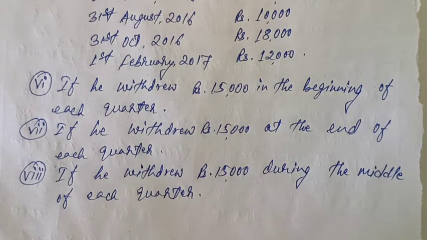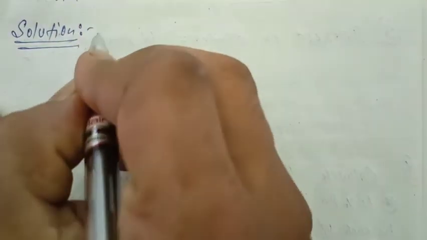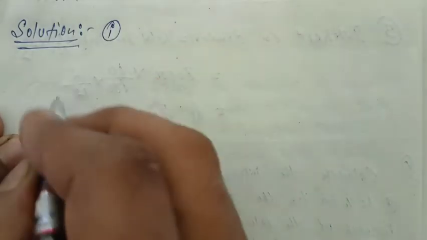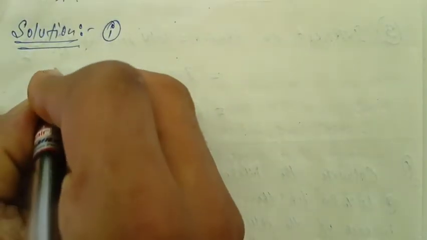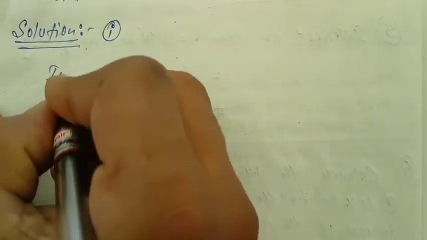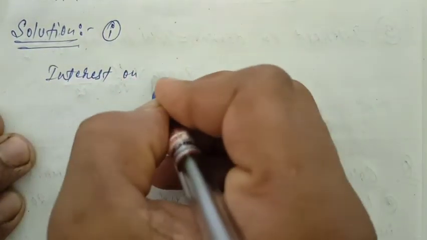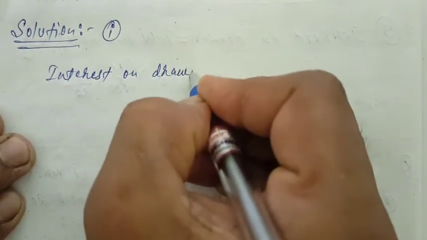So we'll start, and write the solution here. First of all, we'll explain point number 1. Here it is written, if you withdraw 5,000 per month in the beginning of every month, then we'll calculate interest on drawing.